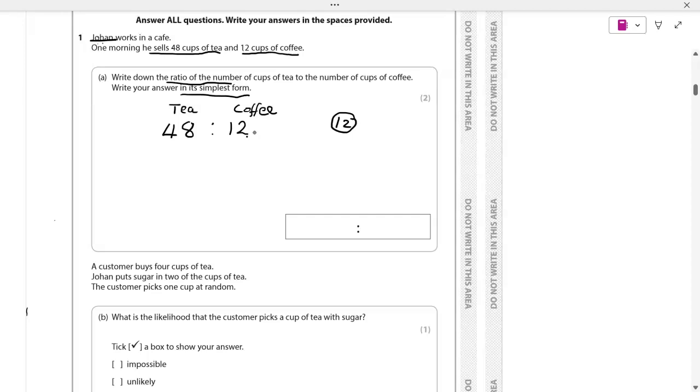So we divide 12 by 12, that will give us 1. And divide 48 by 12, and that will give us 4. So the ratio is 4 to 1.